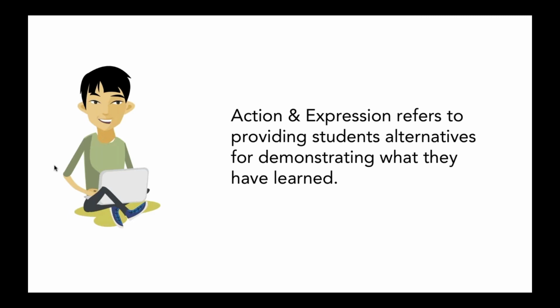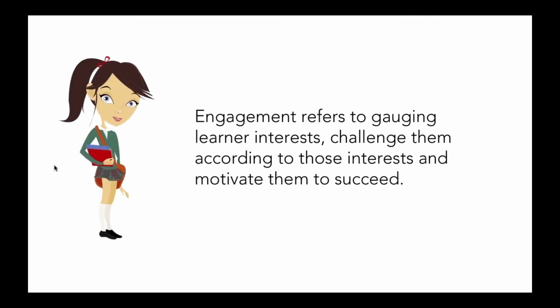Illustration of a young woman carrying books in her right arm. And then engagement refers to learner interests. Challenge them according to those interests and motivate them to succeed is very important. You put all those together and we have representation, expression, and engagement.